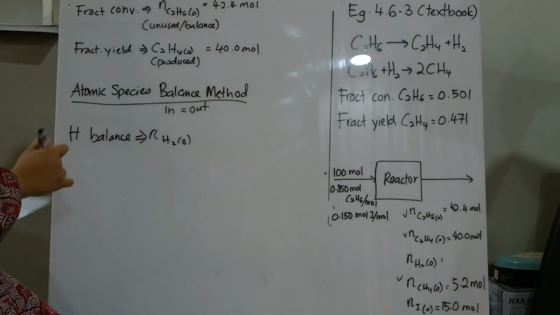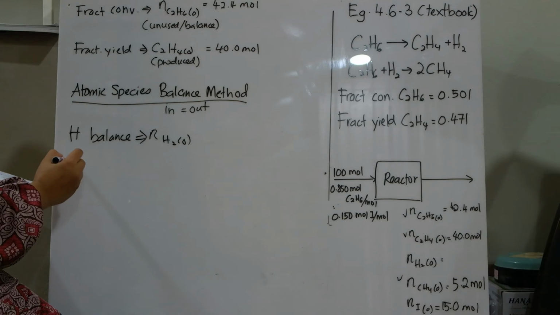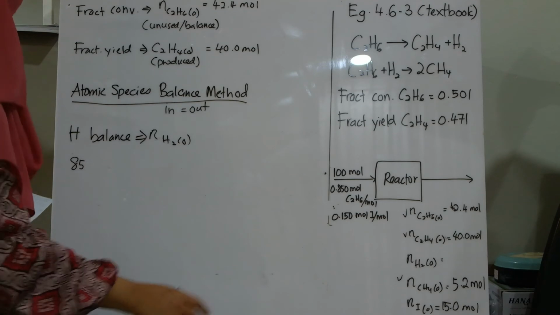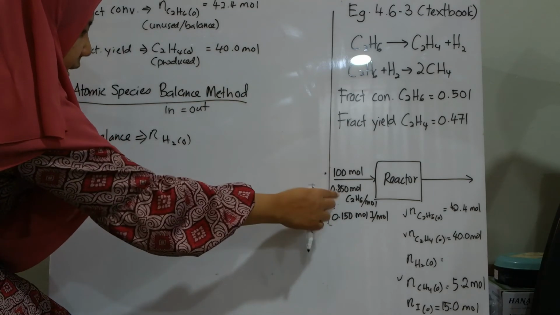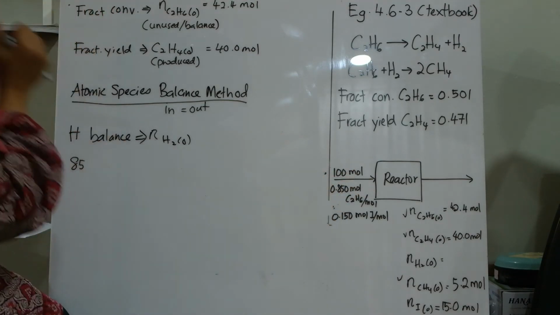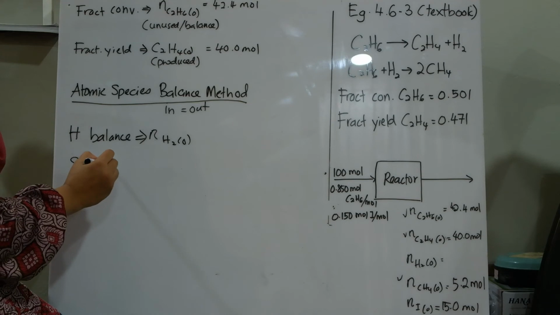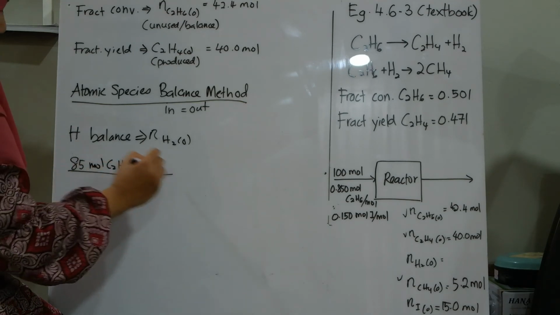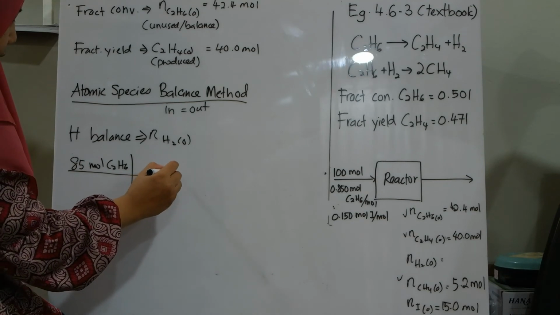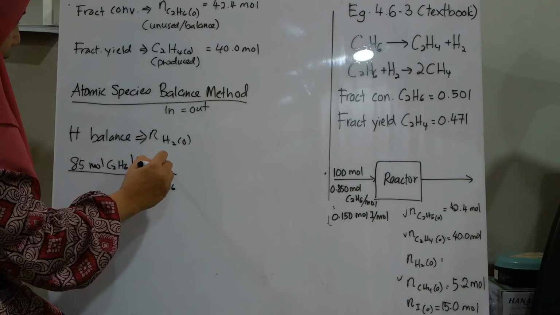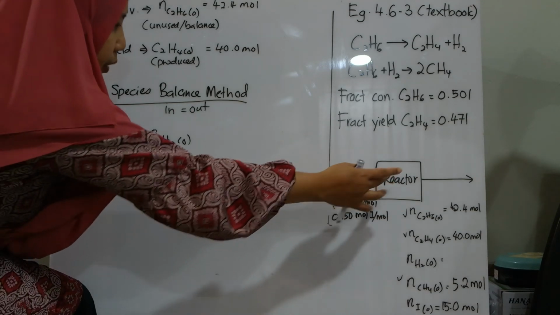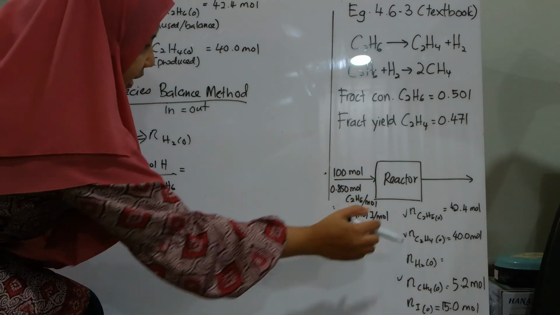In the feed we have mole in, H in C2H6: 85 mole of C2H6 in terms of H will be equivalent to the following. We have to find all the compounds that come out from the reactor that have H atoms in them.